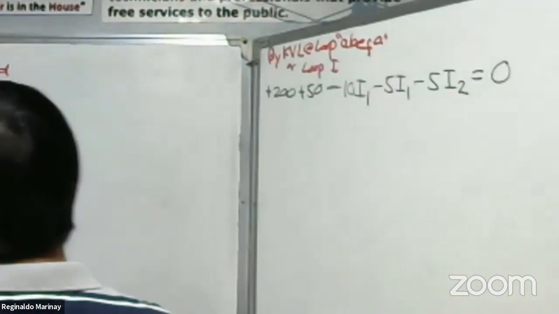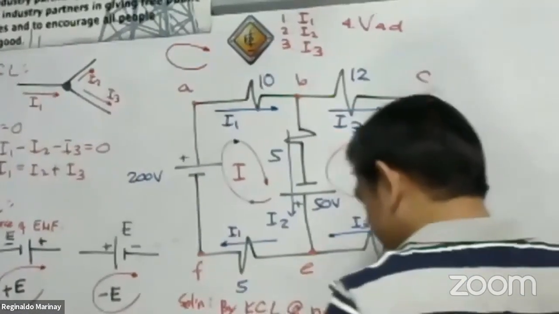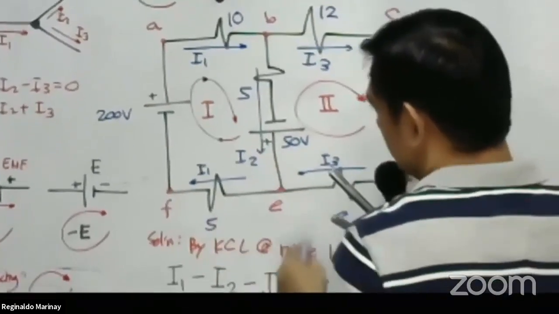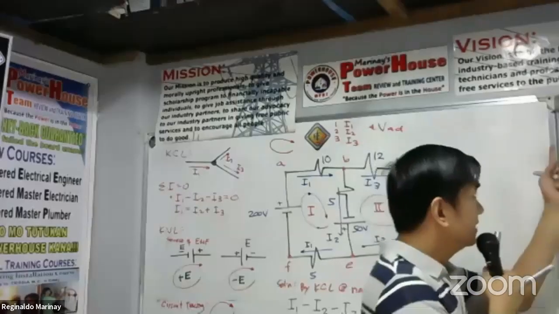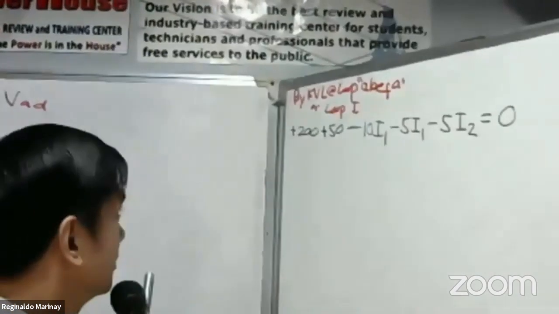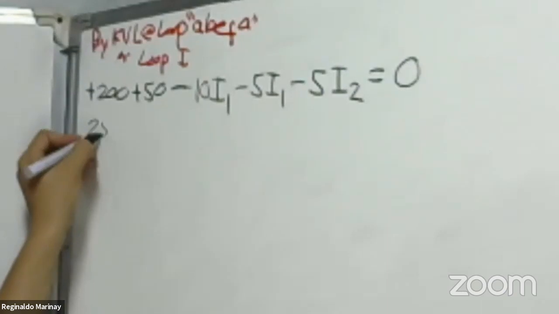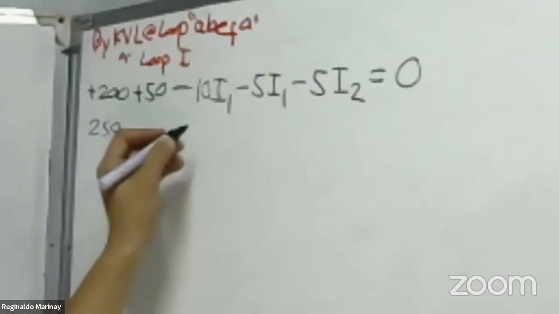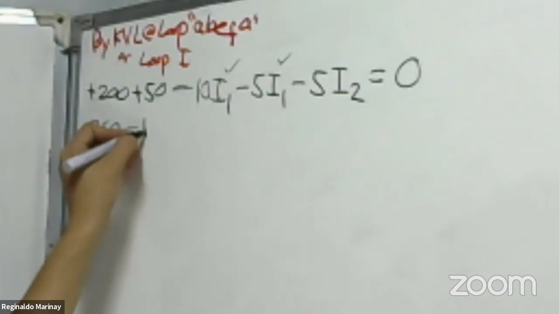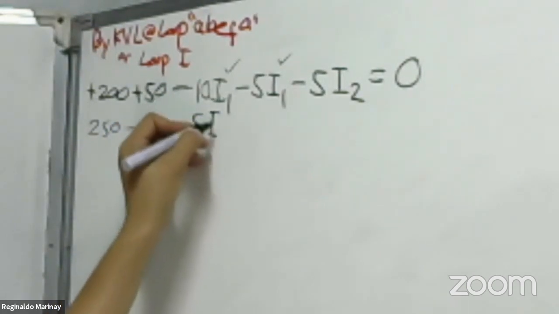Okay? Let us double check that. Actually, I'm doing this. This is my little secret. We have 1, 2, 3, 4, 5. So there should be 5 terms in the equation. So, 1, 2, 3, 4, 5. Okay? So let us now simplify this algebraically. So we have here 250. Negative 10 I1, negative 5 I1, we have negative 15 I1. So we have here negative 5 I sub 2.